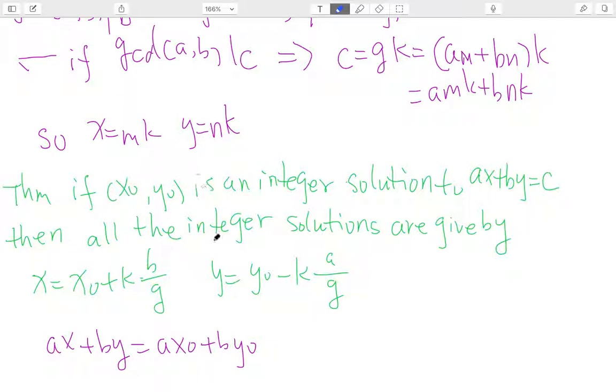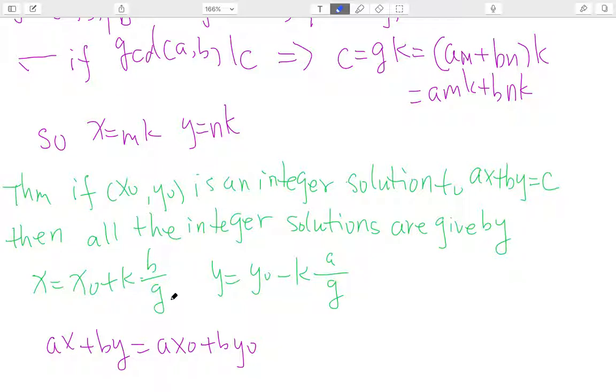If x0 and y0 is an integer solution to this equation, then all the integer solutions are given by these two formulas. k is just a parameter, and g is the greatest common divisor of a and b. And we should prove that first.